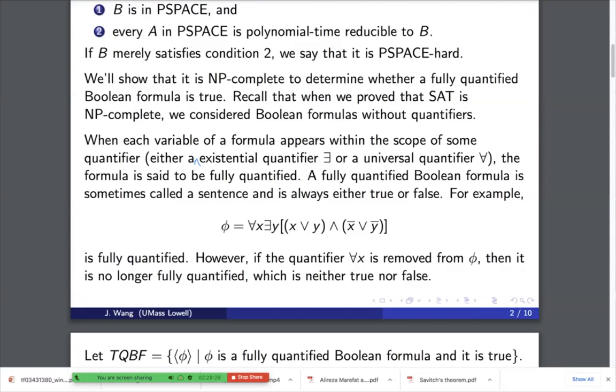It just says there exists y, and this x is not quantified. So that means that it is not a sentence.